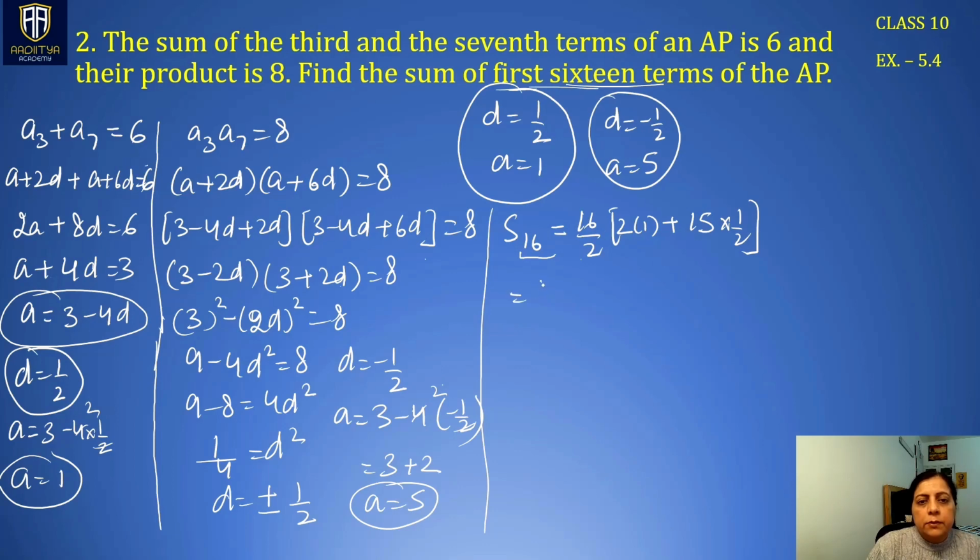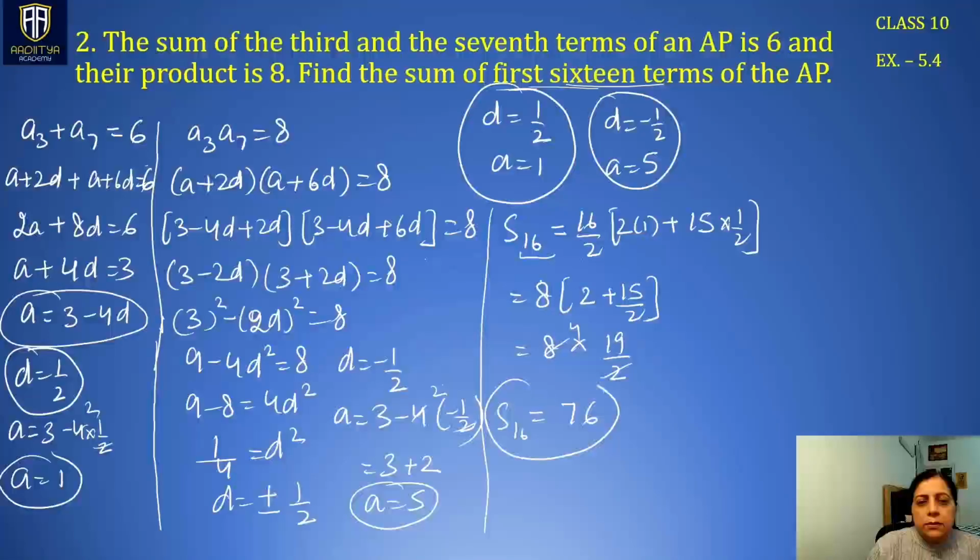So this becomes 8 multiplied by 2 ones are 2 plus 15 by 2. So we have 8, 2 twos are 4, 4 plus 15 is 19 by 2. 19 fours are 76. So in one case, the sum can be 76.